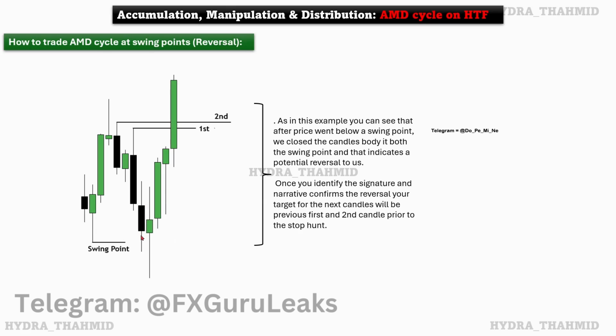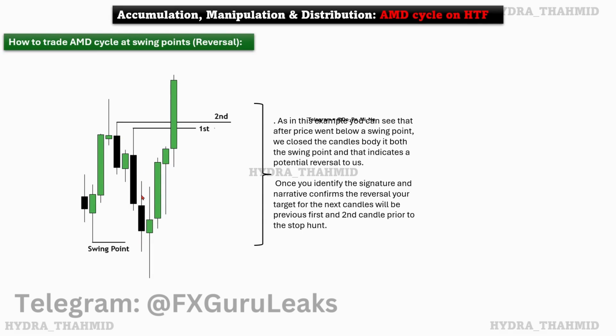If the candle's body is closing above the swing point, we can anticipate a potential reversal. And once price confirms that we have a potential reversal in this candle, you can see price closed above the swing point, you can target the previous two candles prior to the stop hunt.